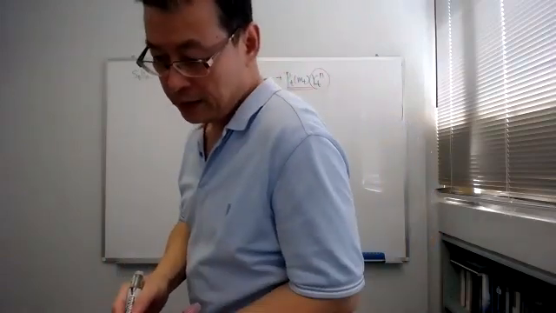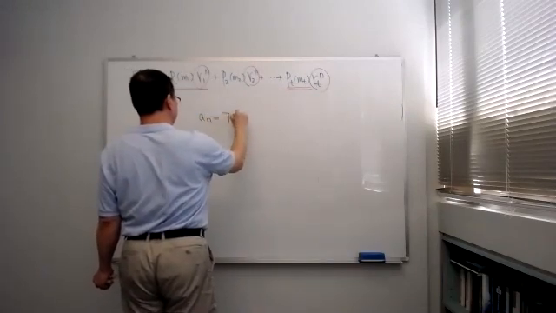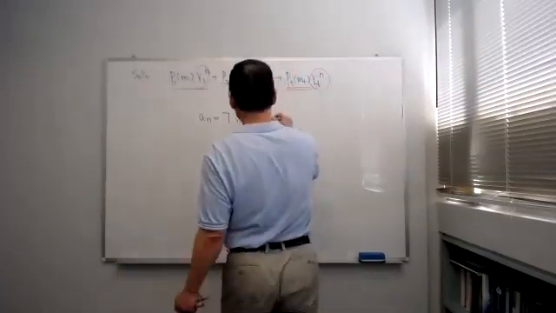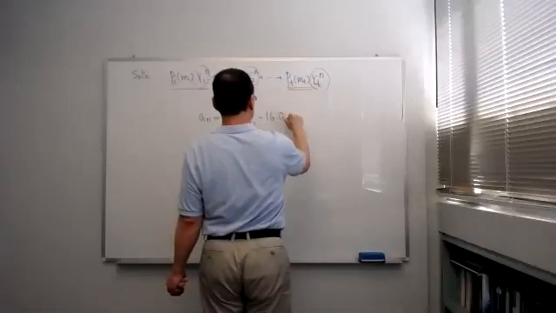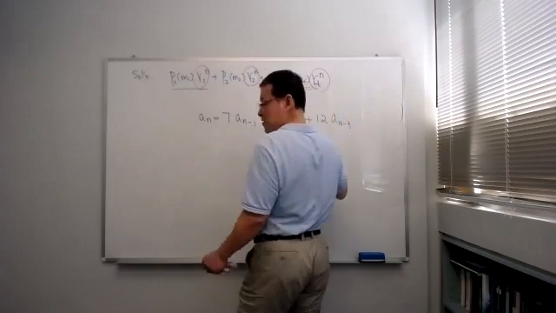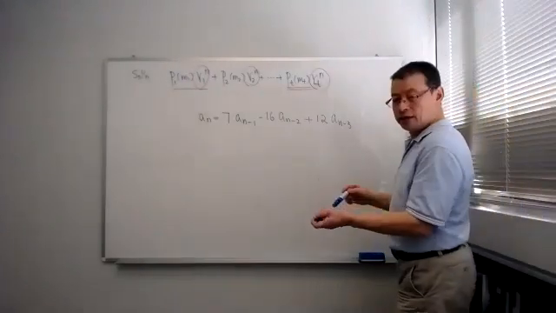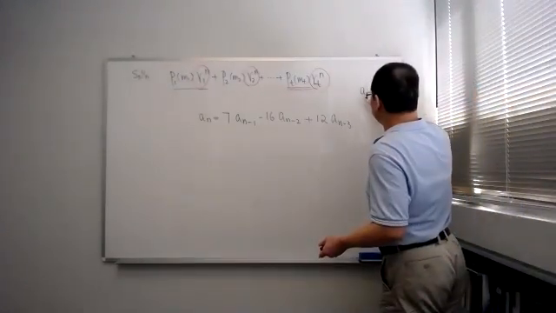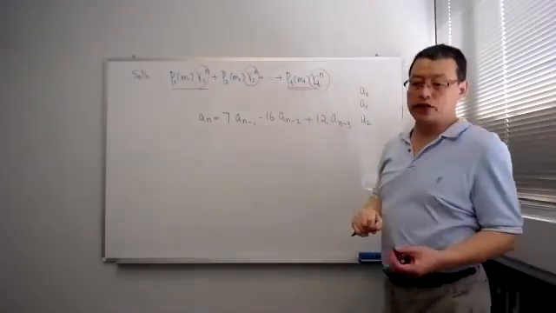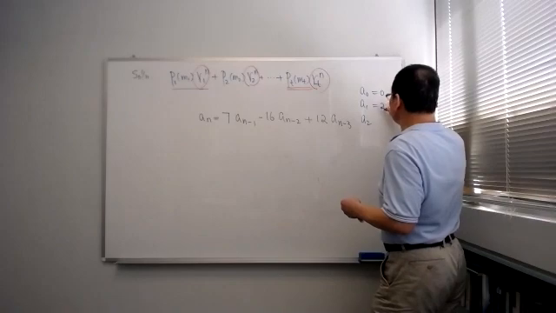The initial conditions are a0, a1, a2. Because there are 3 terms, we need 3 values for the initial condition. Say the values are 0, 1, 2.